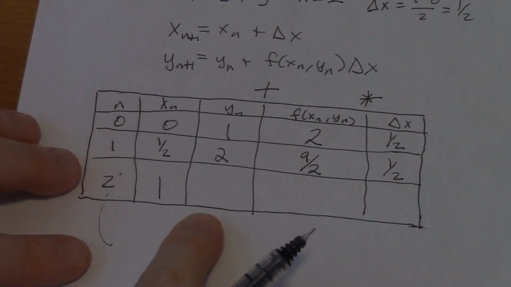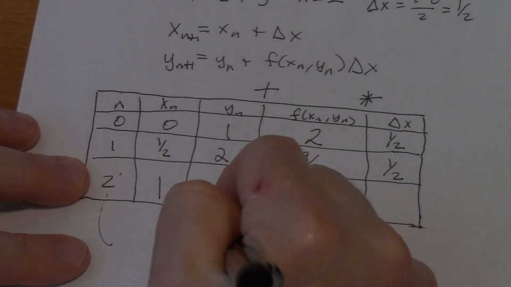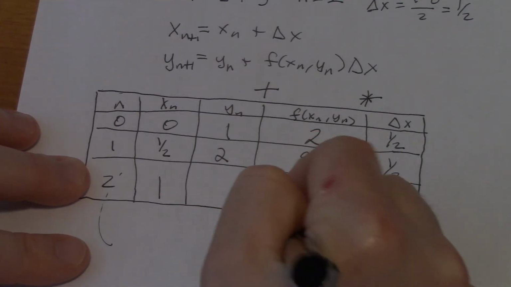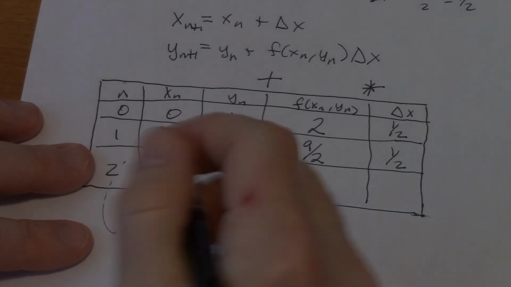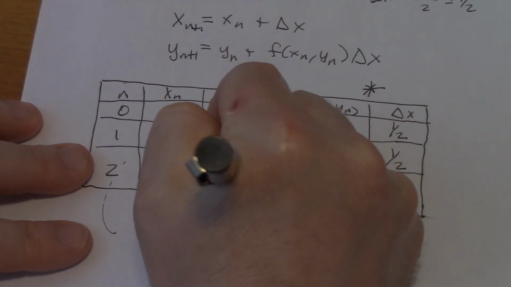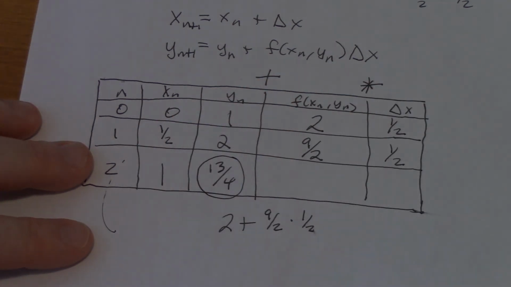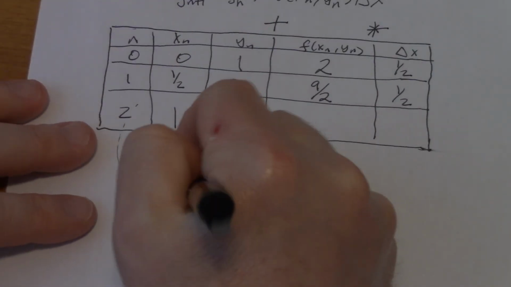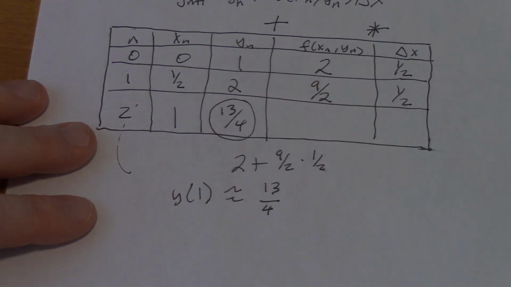And getting the next y value, 2 plus 9/2 times 1/2, that's 2 plus 9/4, that's 4/4 plus 9/4, that's 13 over 4, and that's the answer. Okay, that's the approximation. So y of 1 is approximately equal to 13/4.